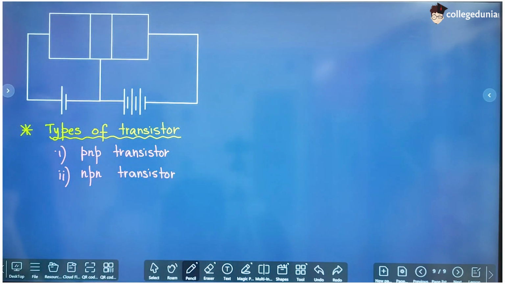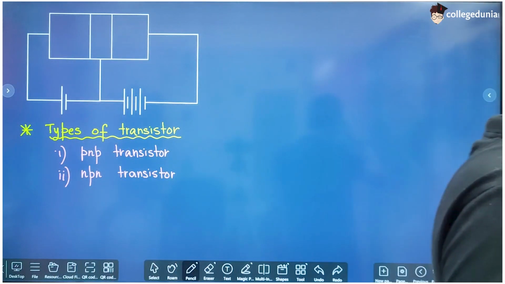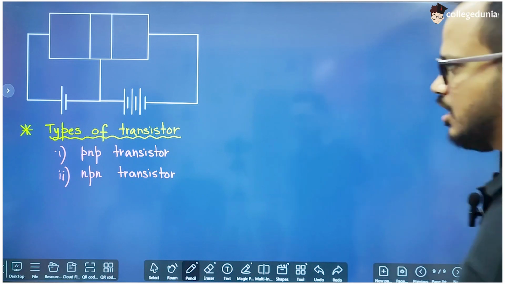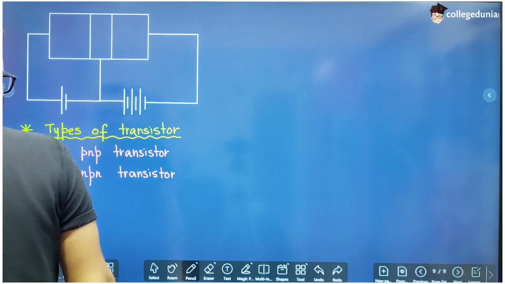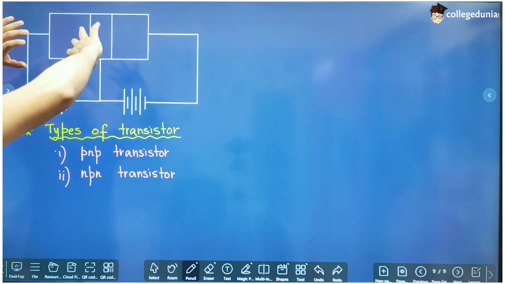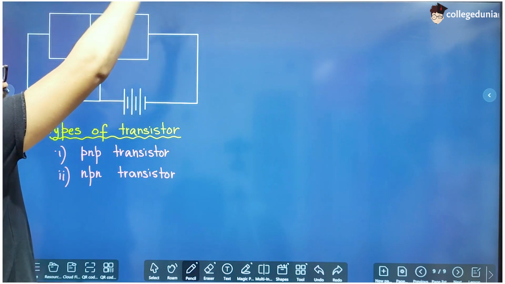Now, what is the meaning of PNP and NPN? We have all studied the PN junction. So we know that there are two types of extrinsic semiconductor, N-type semiconductor and P-type semiconductor. So a transistor is composed of three such semiconductors. Two semiconductors are of the same type, which are present at the two ends, and the middle part is of a different type.